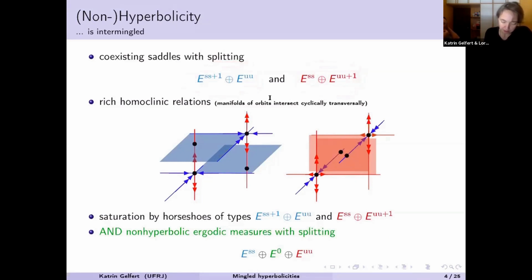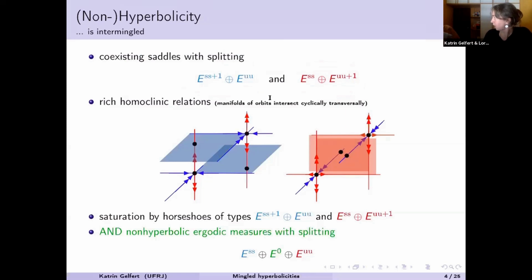And under those hypotheses, there exist rich homoclinic relations, meaning that these saddles, or here just fixed points, their stable and unstable manifolds intersect, and hence there coexist many horseshoes of different type. So the transverse intersection of stable and unstable manifolds of periodic points create horseshoes, and so there coexist horseshoes of different type of hyperbolicity.